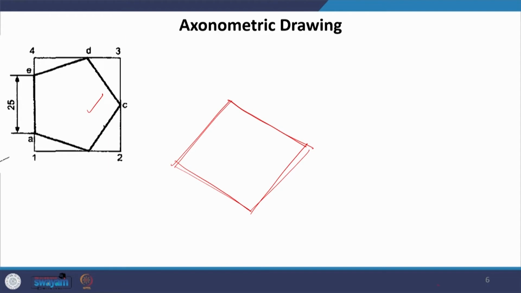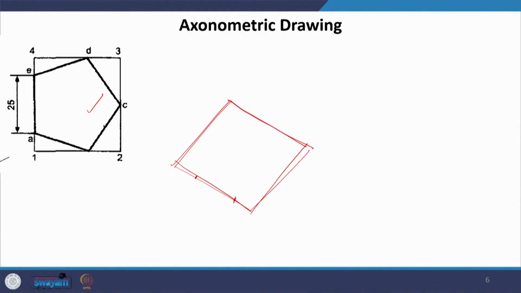So, if we were seeing a plan which was rotated by 45 degrees, we would draw the plan and rotate it by 45 degrees. Okay. So, we do not need to arrive at this by drawing an enclosing rectangle. We can directly draw the plan, the pentagon.